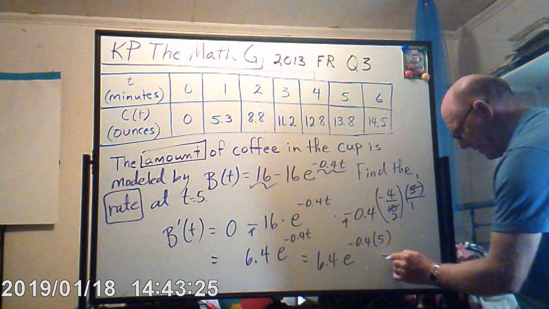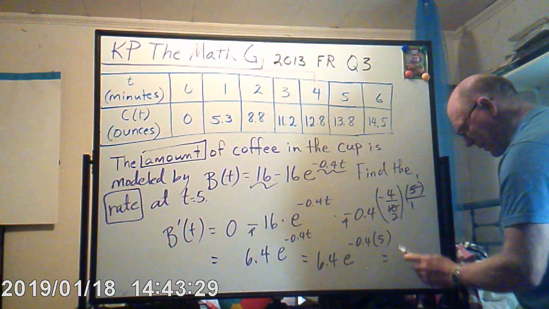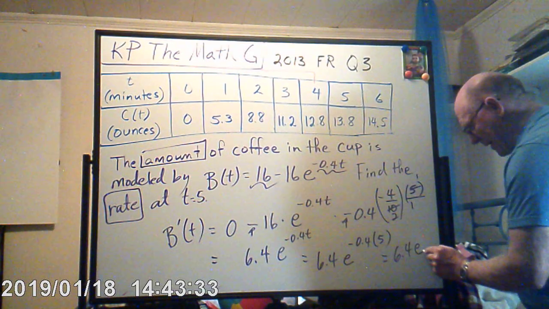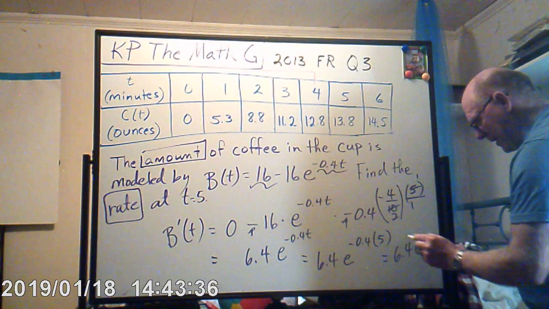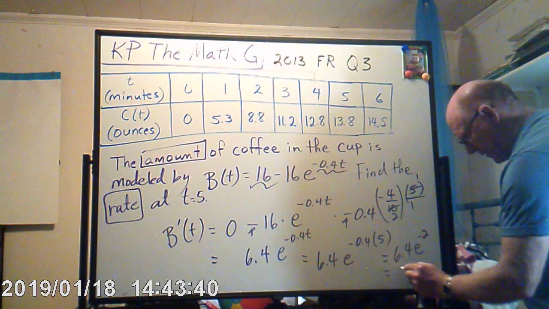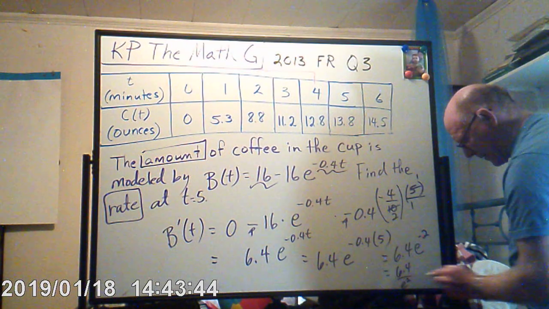So this is 6.4 e to the negative 2, which is 6.4 over e to the positive 2.